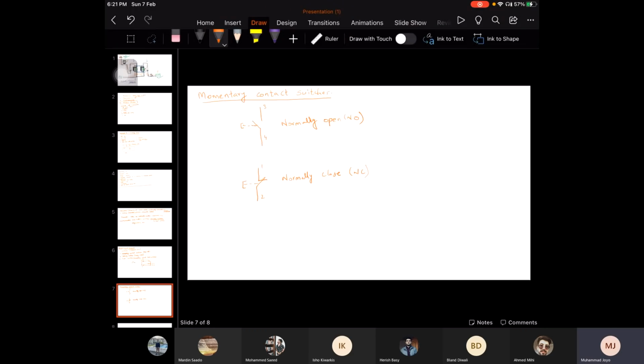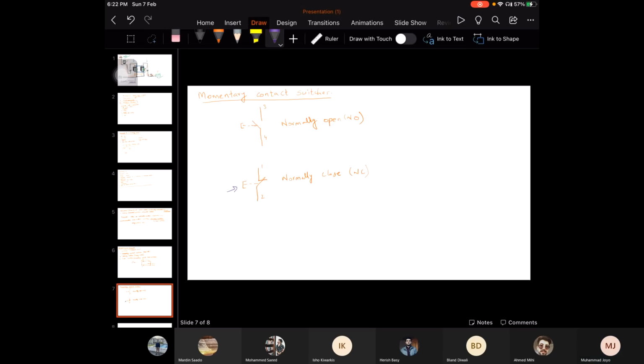Okay, sure. For the normally closed, there are two lines, 1 and 2. Basically, these two contact points are connected normally. In normal condition, they are connected to each other. But once I press this button, the normally closed contact is broken, so it becomes normally open.